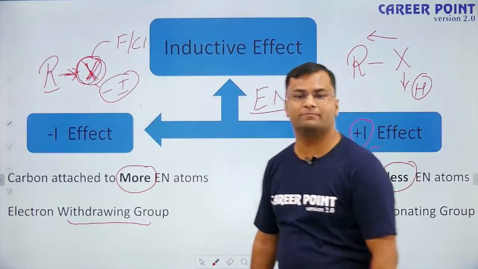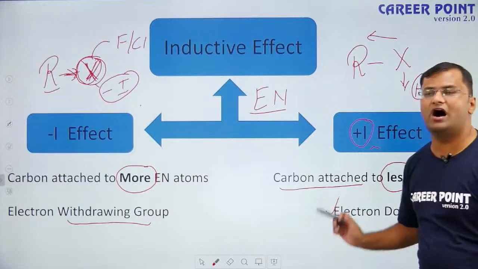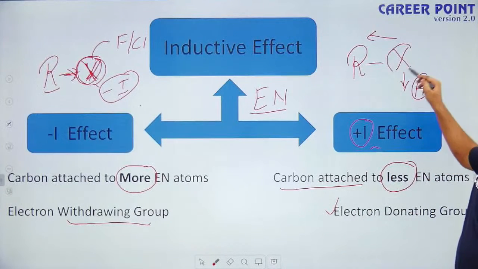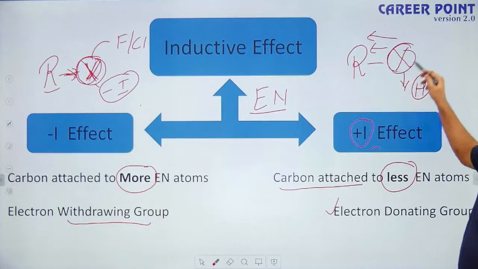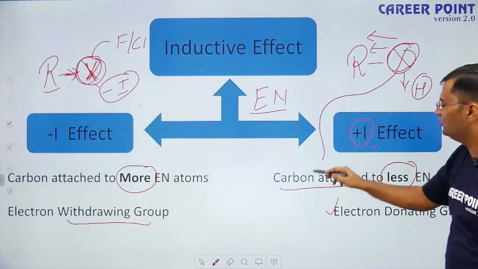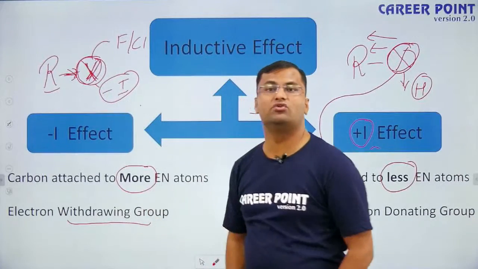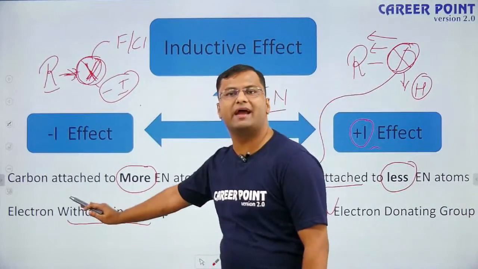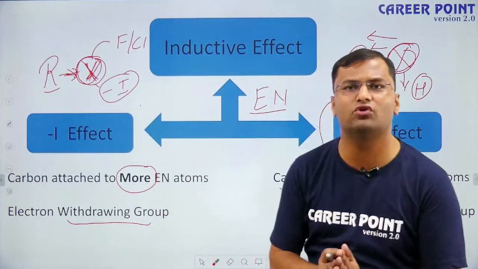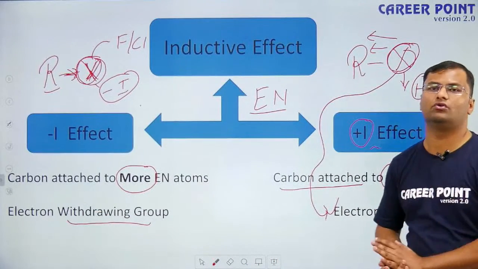Second, this is called an electron donating group. How? This X donates electrons to this R atom, so we can say this X acts as an electron donating group. So the second point is that all minus I groups are electron withdrawing groups, and plus I groups are electron donating groups.